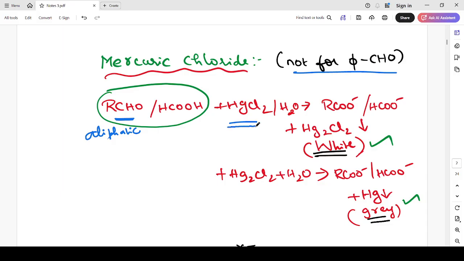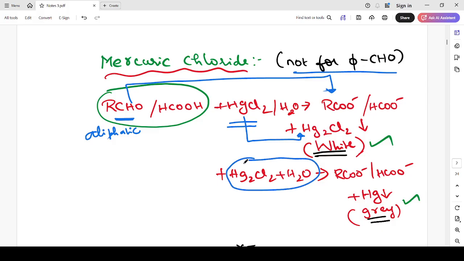Treated with HgCl2, mercuric chloride, the aldehyde is getting oxidized to carboxylate and HgCl2 is getting reduced to Hg2Cl2, white in color. If the reaction continues, Hg2Cl2 is further decomposed to form Hg, mercury, which is gray in color. Not just aliphatic aldehyde, formic acid also does the same reaction, forming formate.